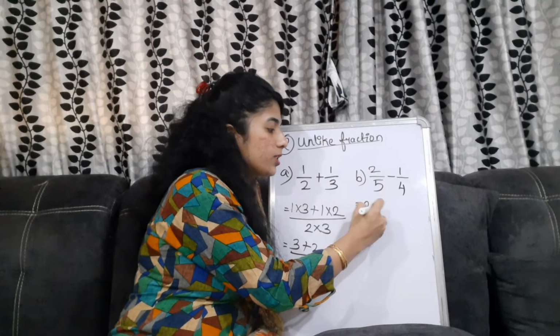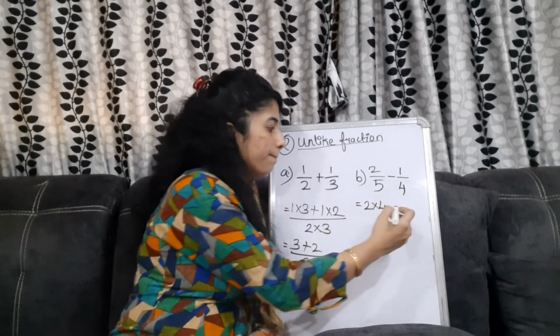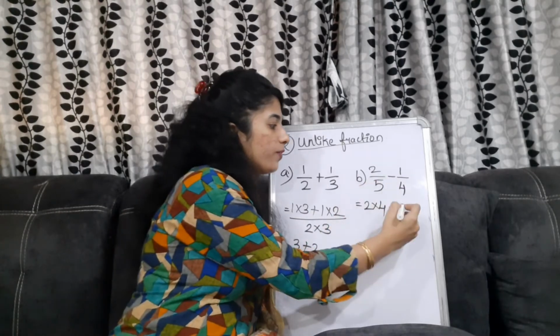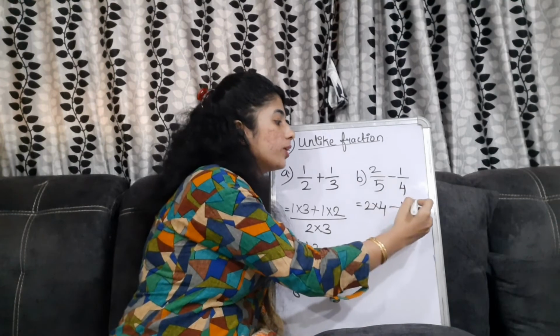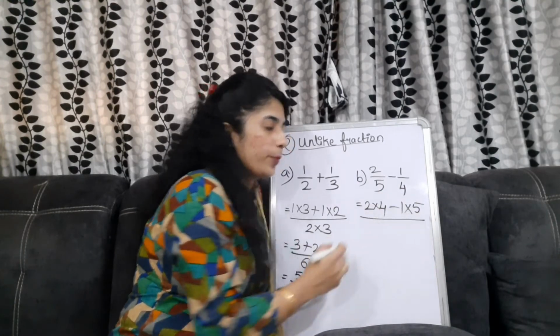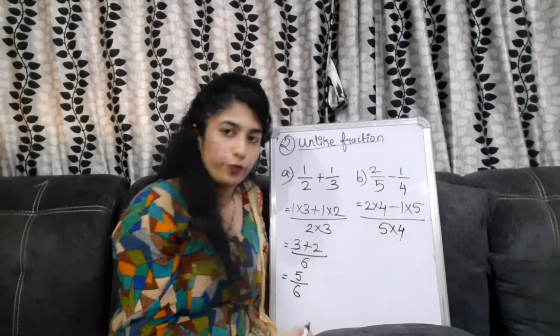2 will remain on its place. 4 will go to 2. Minus 1 will be there itself, into who will go to it? 5. Whole upon. Don't forget the denominator. 5, 4.